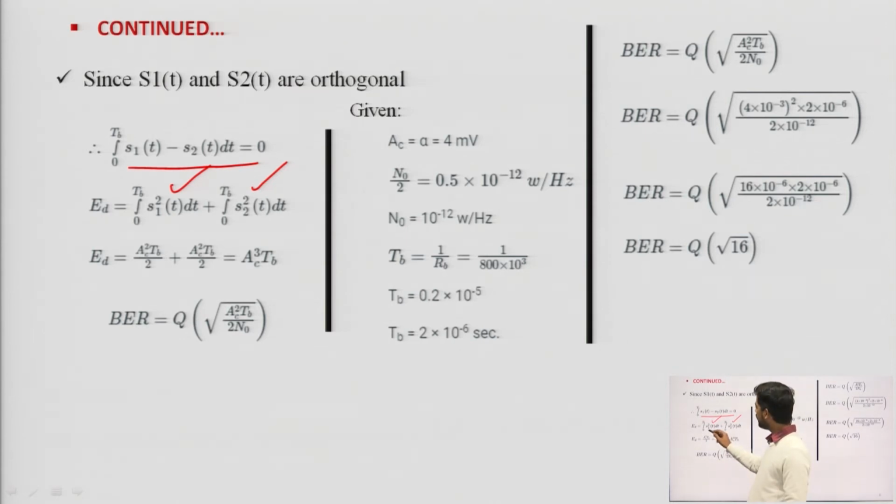S1 square of t gives A square Tb by 2. Similarly, S2 square of t gives Ac square Tb by 2.